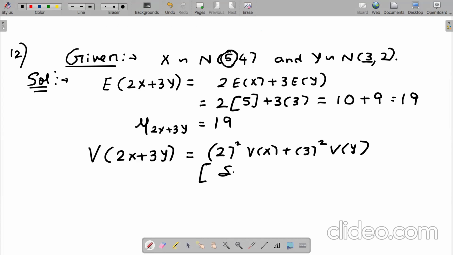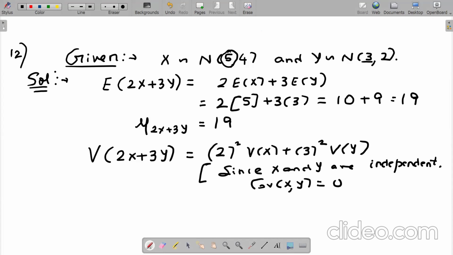Since x and y are independent, their covariance is exactly equal to 0. So it's going to be 4 times variance of x plus 9 times variance of y.